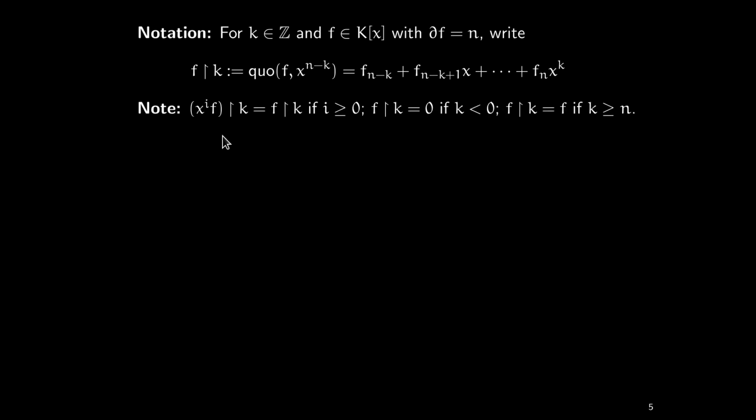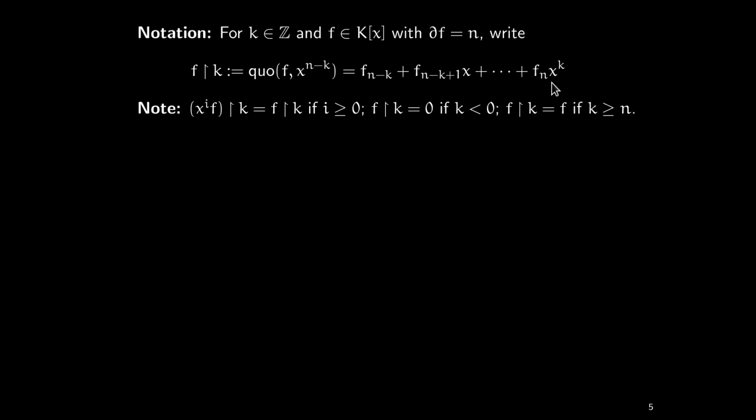One observation is that if you multiply the polynomial by some monomial and then chop, it doesn't have any influence on the result. You can just as well chop the polynomial itself, because the multiplication by a power of x just moves the coefficient array to the left, but here you are taking just the top of the coefficient vector, no matter where it is.